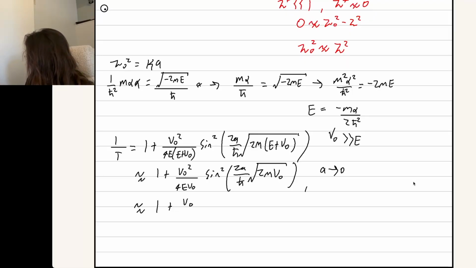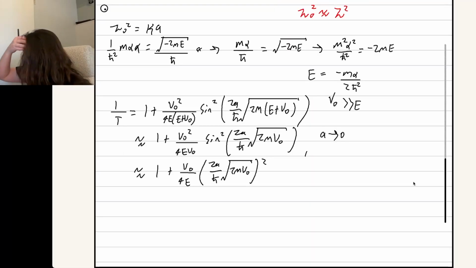The V naught on the bottom there gets canceled out, so this is just 4E down here. And so the Taylor expansion of sine to first order is just the argument. So we have 2a over h bar root 2m V naught, all squared.